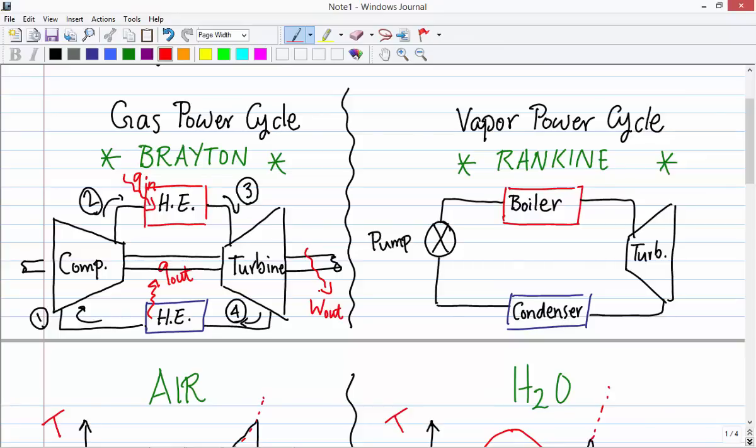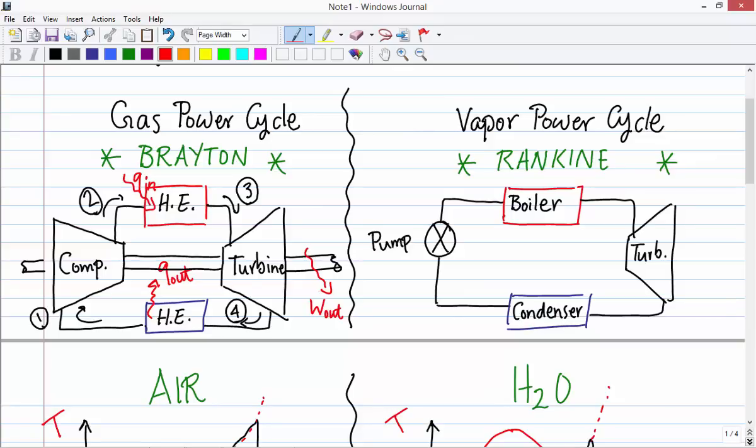On the right side, we have the Rankine cycle, and here the working fluid is water, so it might condense, it might boil, or it can go to a superheated or subcooled state. There's a variety of different states for this material.